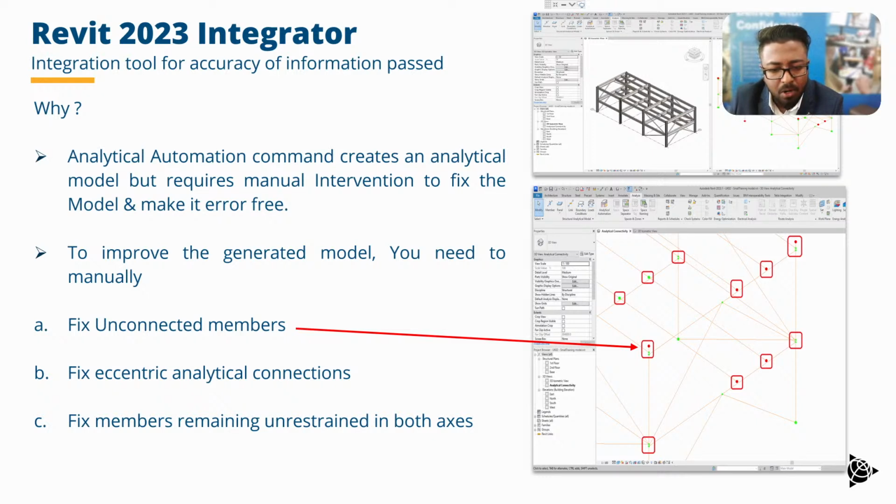Generally, when you create a model export from the tool that is available within Revit itself, you will have unconnected members with eccentric analytical connections, and fixed members remaining unrestrained in both axes. All these issues can be avoided using the latest Revit 2023 integrator.